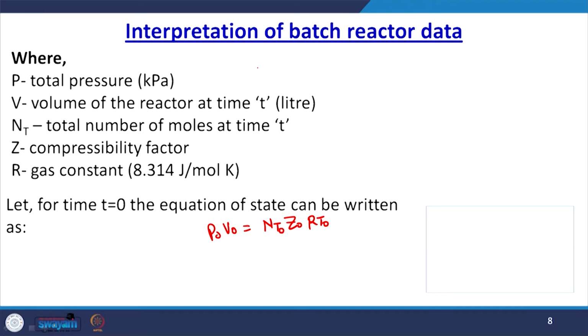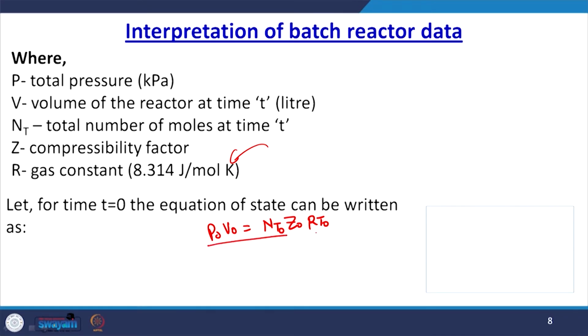Remember, P here is the total pressure, represented in kilopascal. V is the volume of the reactor at time t, and already mentioned that it has the unit of liter. Then NT is the total number of moles at time t, and Z is the compressibility factor, and we can put the value of R equal to 8.314 joule per mole Kelvin.